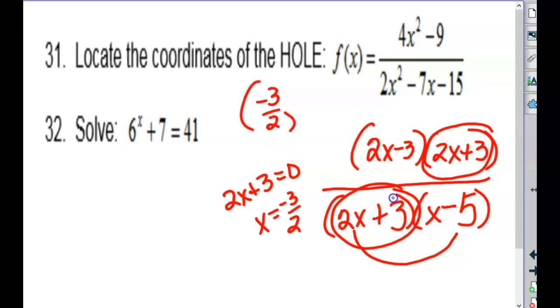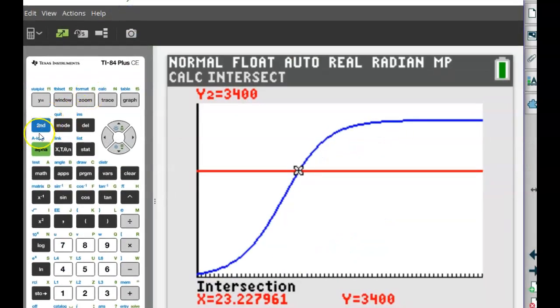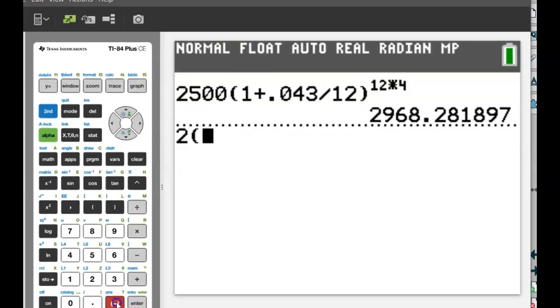And then the other part of the hole is what you get when you put negative 3/2 in after you cancel. So 2 times negative 3 halves minus 3, all over negative 3 halves minus 5. So I'm just going to use negative 1.5. 2 times negative 3 halves, or negative 1.5.